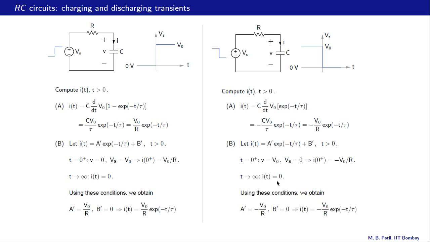Now using these two conditions, I at 0 plus equal to minus V0 over R and I at infinity equal to 0, we can obtain these constants a prime and b prime. a prime turns out to be minus V0 by R, b prime turns out to be 0, and that gives us I of t equal to minus V0 over R times e raised to minus t over tau.